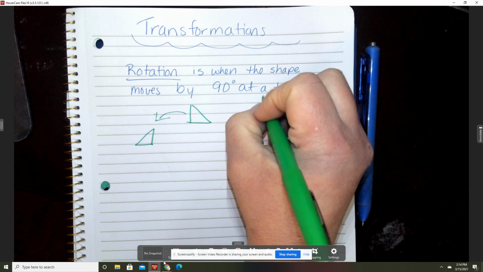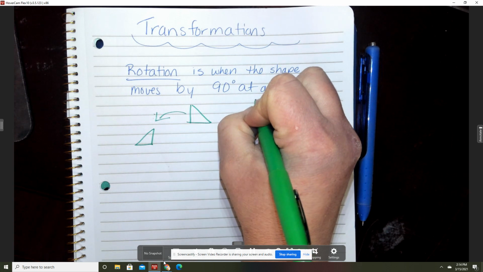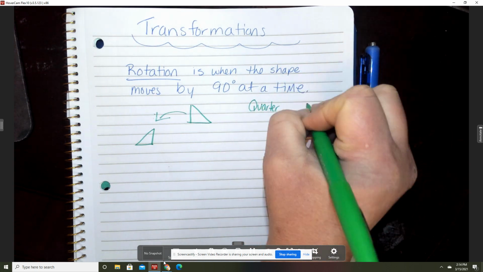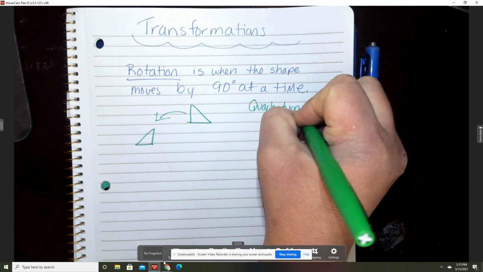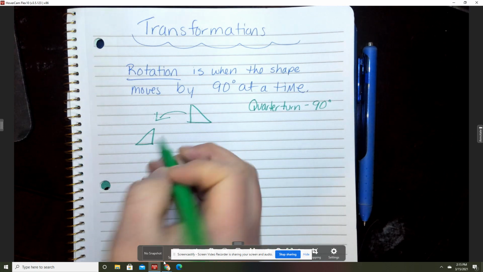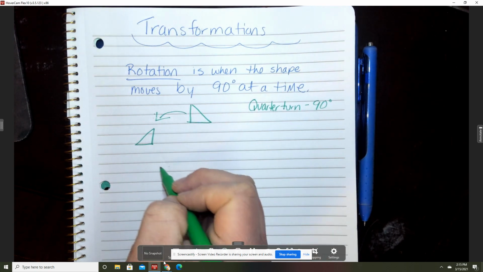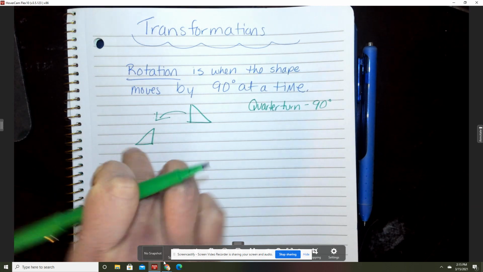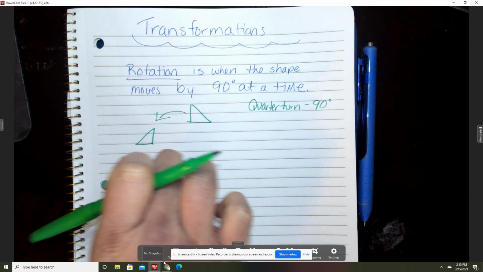Okay, so a quarter turn is 90 degrees. So we just took a quarter turn. If we did a half turn, then the triangle would be right here, and this piece would be on top.